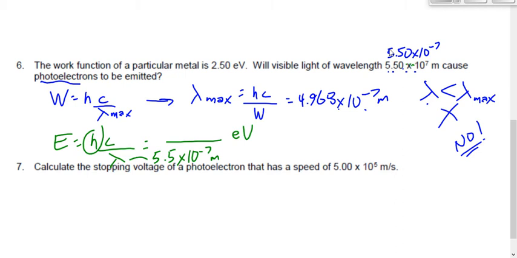To cause electrons to be ejected, you would want your wavelength smaller than the max wavelength, but you would want your energy to be bigger than the work function. You would find that in this case, it's not. So once again, no, electrons would not be ejected there.